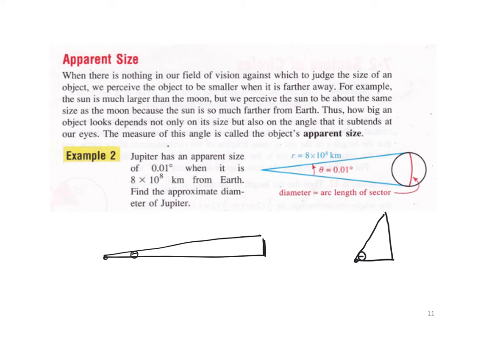Now, the further you are away from the object, the more the apparent size, the angle, will change, but more importantly, the more the arc length represents or is close to the height of the object, also known as the diameter of the object.